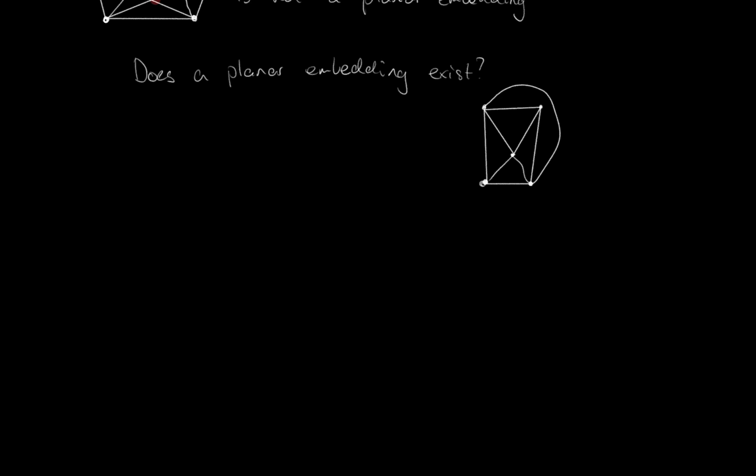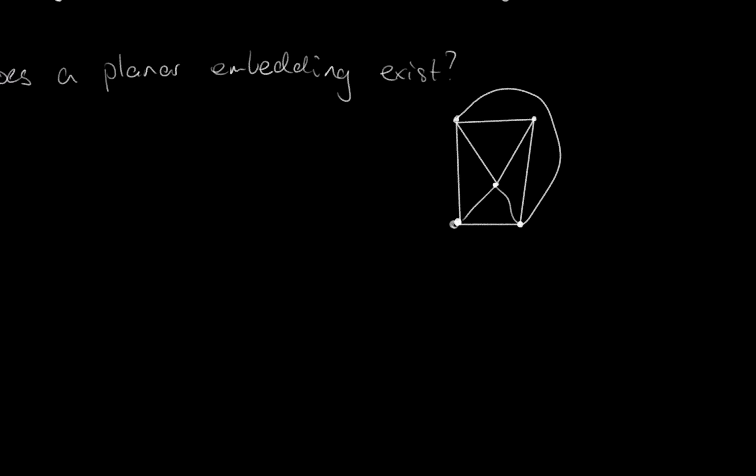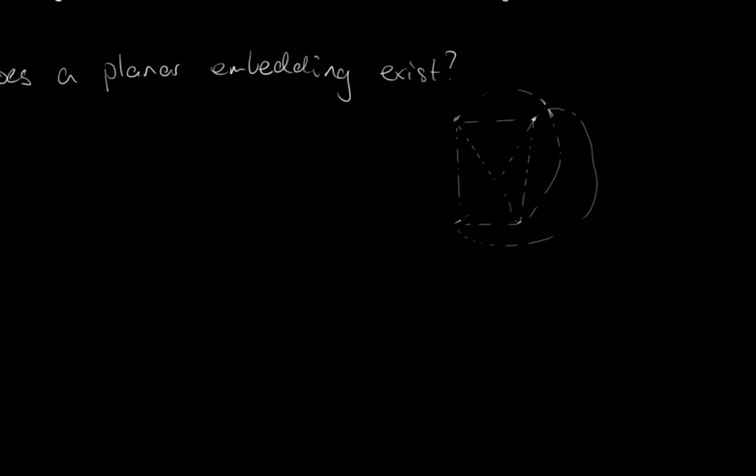As you can see, based off how I've drawn this graph here, it's kind of blocked off. It would seem that you have to cross that edge here to get to the other vertex. So I've already failed. This is a failure, which is a good thing because it's necessarily a failure.